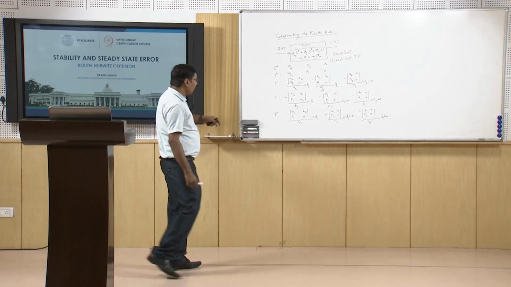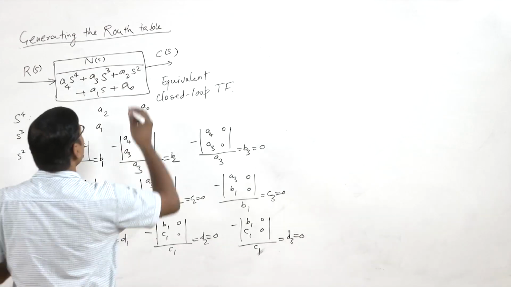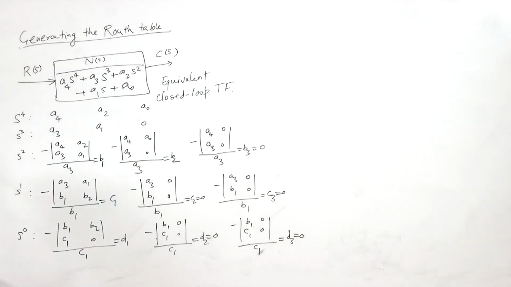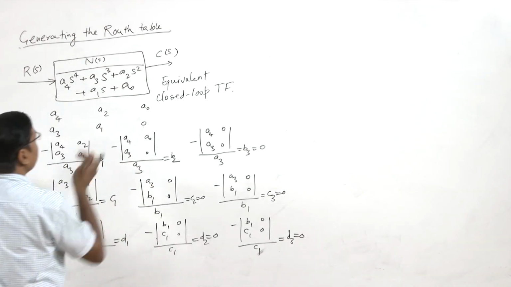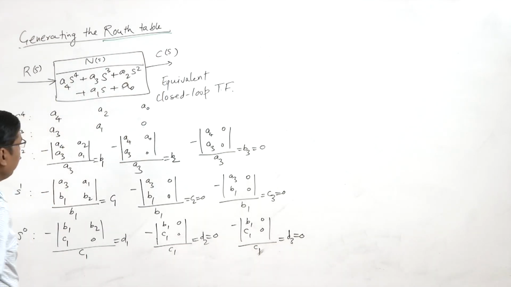So thus we have created what is called the Routh table for this closed loop transfer function.